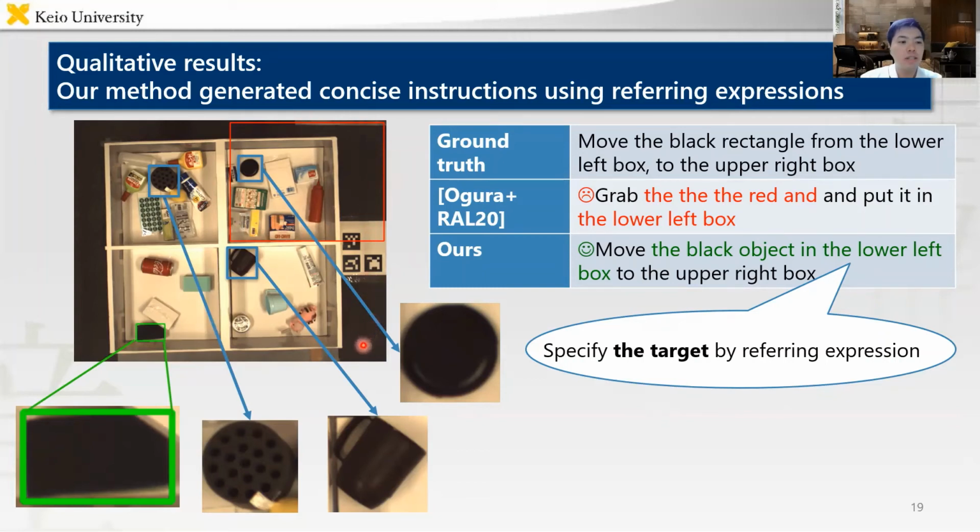In the image, there are some black objects, one in the bottom right area, and another in the top left area. So the generated sentence is required to identify the black object using a referring expression. In ours, we succeeded in identifying the target object as the black object in the lower left box.